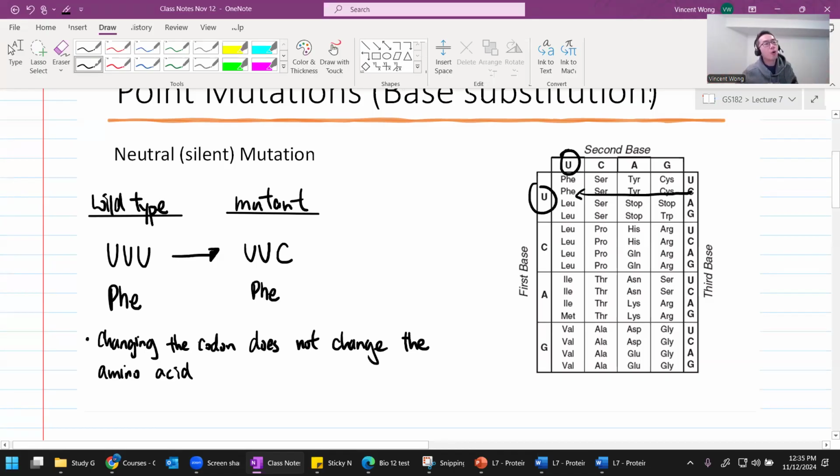So you wouldn't even know about it. There is going to be no effect on the protein sequence. That's why this is called silent mutation, or neutral mutation. If you're going to have a mutation, you better hope that this is this kind of mutation because it's not going to have any negative effect on you. Is that okay? It's pretty straightforward so far.